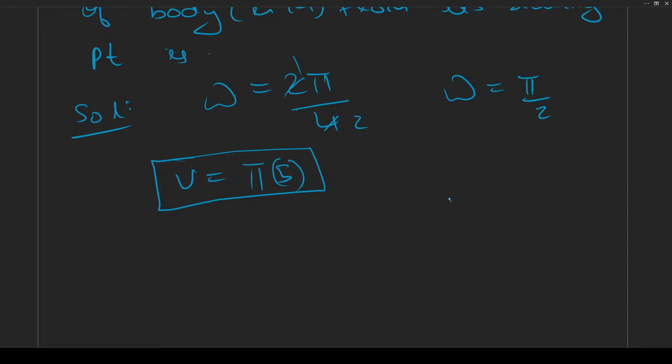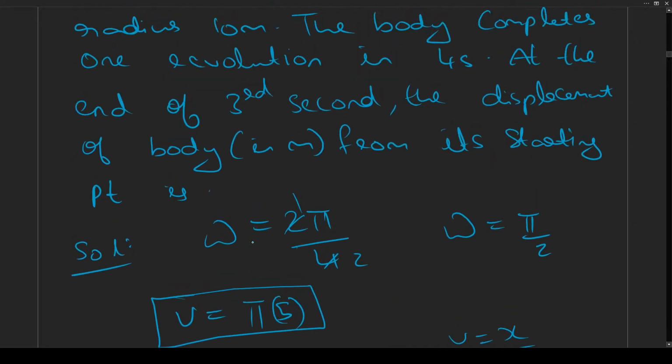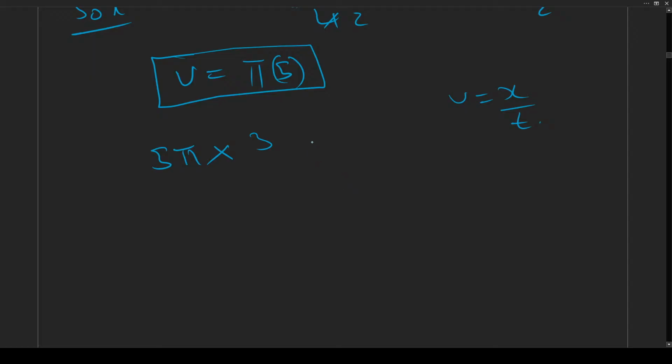Then velocity is equal to displacement by time. So 5 pi times t at 3 seconds is equal to 15 pi.